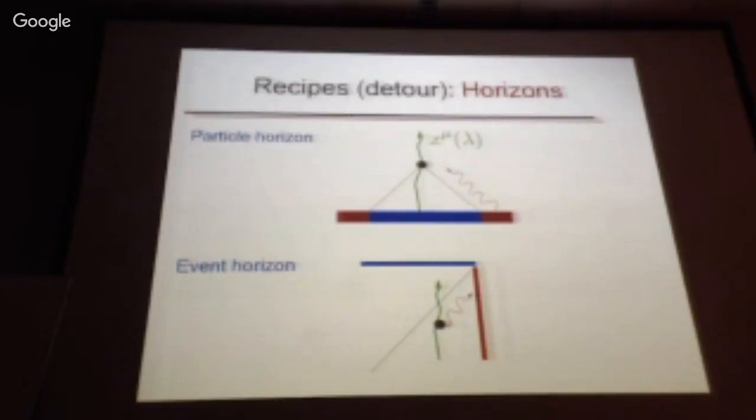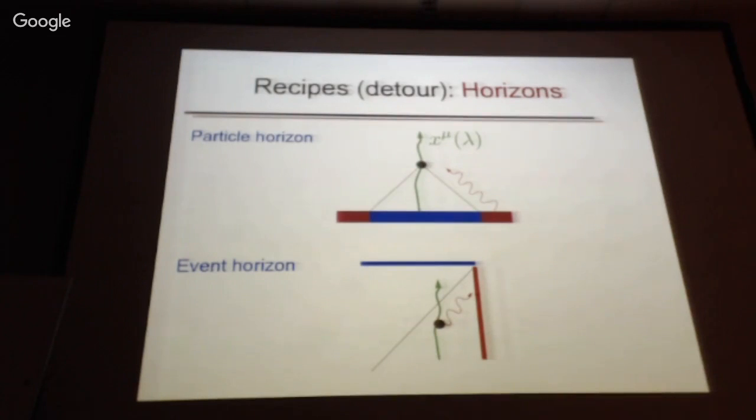That means if someone here sends information, which can only travel at the speed of light, it goes at 45 degrees, it will never reach my observer making the call. So that means we separate this slice into a region that is causally connected to that event and a region that is not causally connected to that. That means this line represents the horizon. We split the spacetime into two.